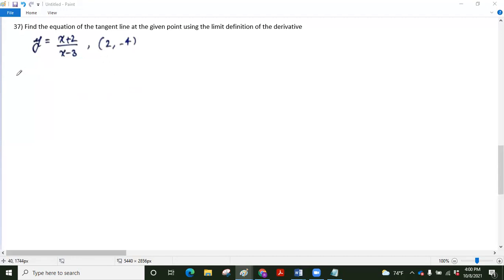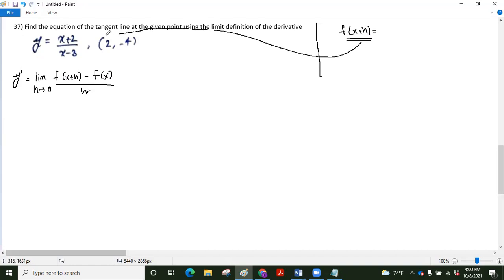So y prime, in this case, will be the limit as h approaches 0 of f of x plus h minus f of x over h. And we essentially know that f of x plus h is going to be x plus h plugged into this function here.